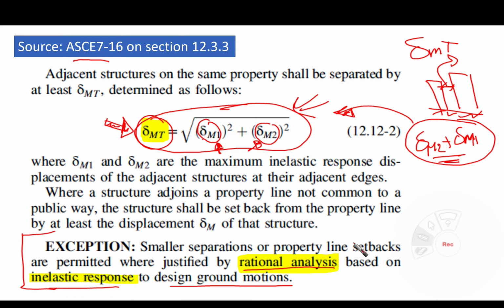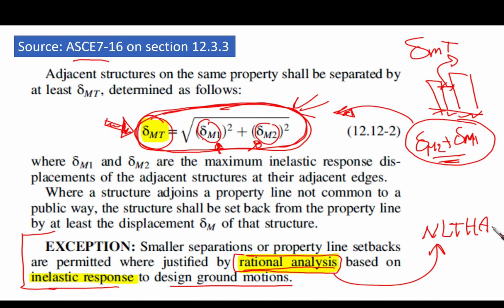Actually here, as usual, whenever we have a very severe or very conservative ruling for some limits given by the code, rational analysis here means, for example, nonlinear time history analysis or nonlinear static procedure. But I strongly recommend nonlinear time history analysis for this case.